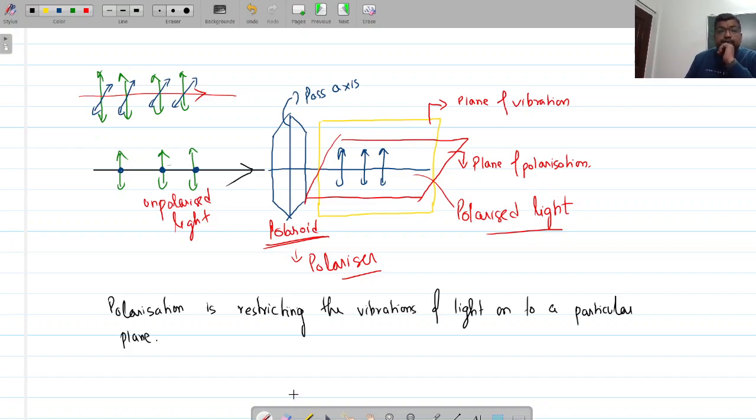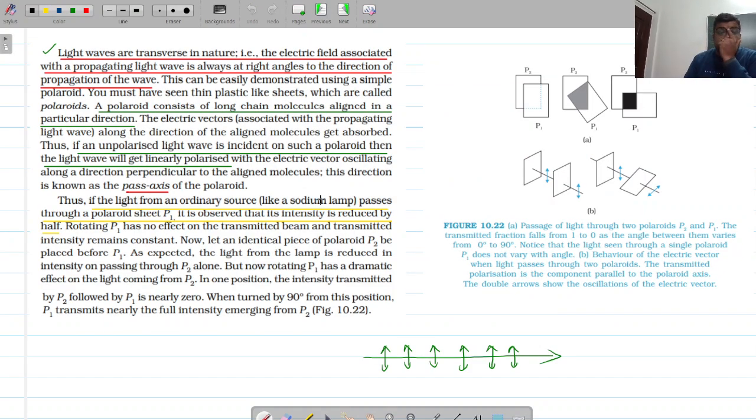So this process is called polarization. In unpolarized light, vibrations are taking place in all planes, and in polarized light, vibrations are taking place on a single plane. So that is what is explained here.